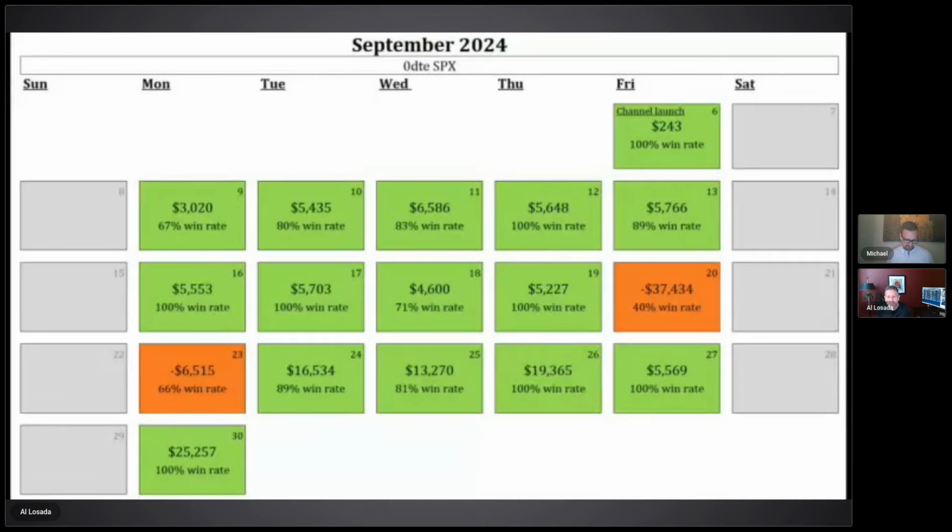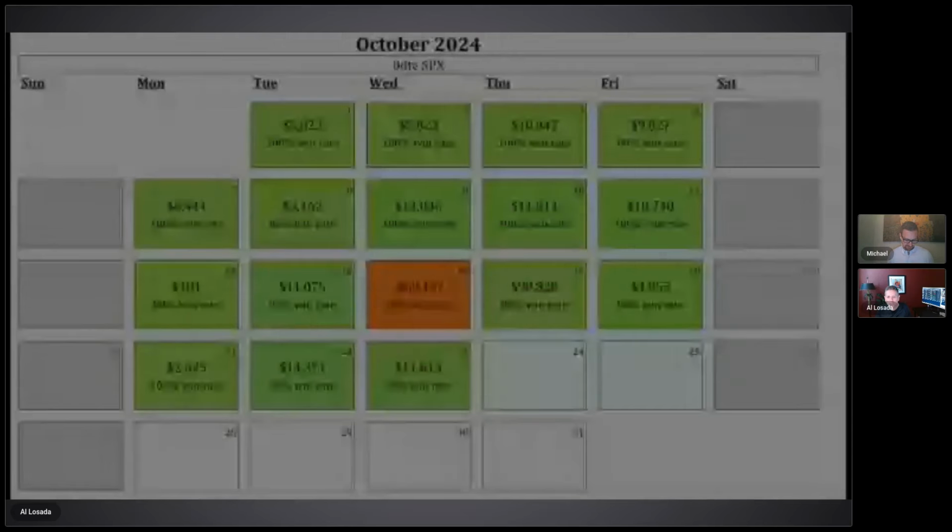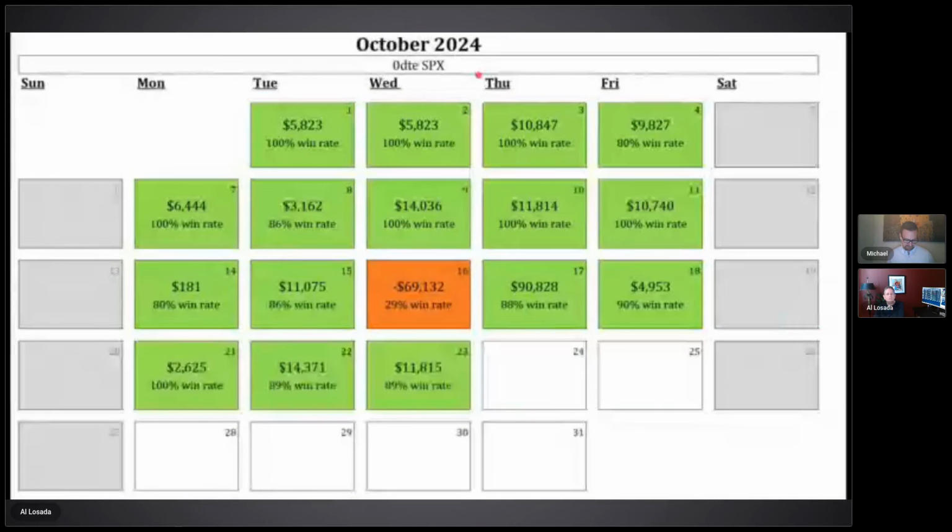So that was September 24th, and this is October 24th. Yes, this was a pretty big loss here, but he was able to clean it up and take a lot more profit on there.